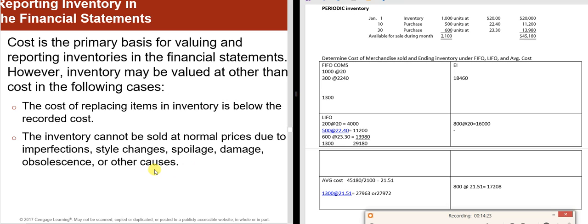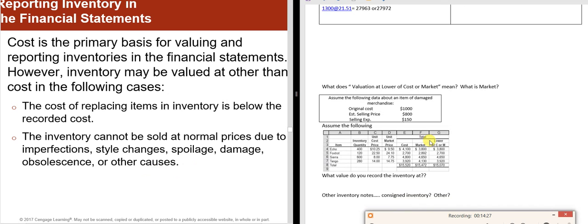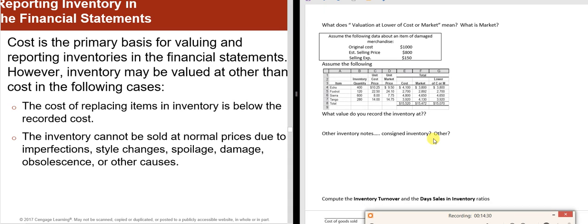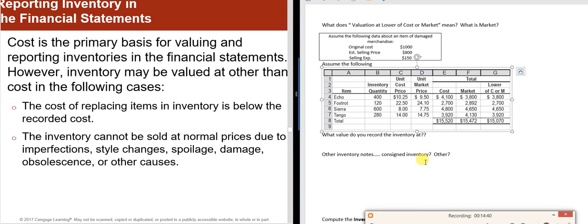Valuation of lower of cost or market. If you recall, we have inventory valuation. Inventory is an asset, and an asset is something of current or future benefit. So if I have some inventory that I cannot sell for what I bought it for, think of those clearance items I just mentioned, I want to get them off my shelf, so I may mark them below cost.